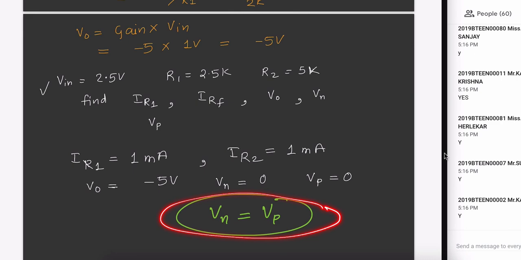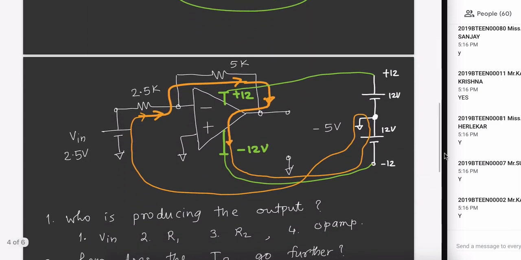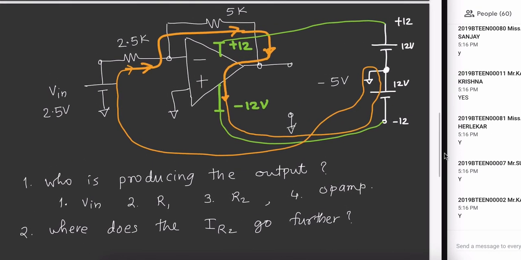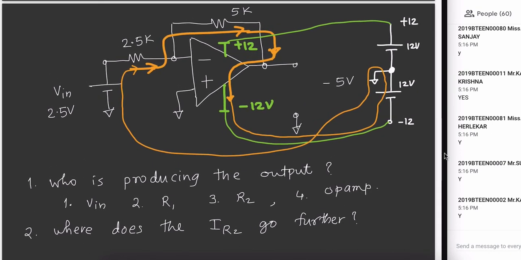We understood that. Okay. After that, we took a case study of a circuit and then completed the path of current IR1, which is the same as IR2. Then we understood who is producing the output.